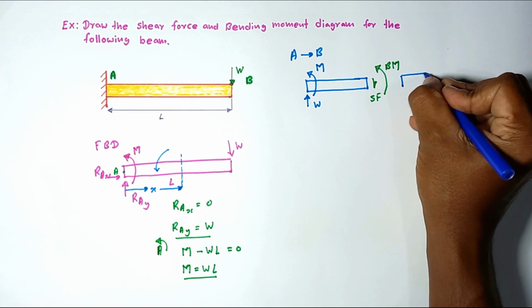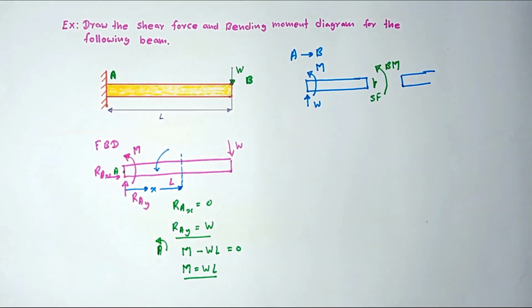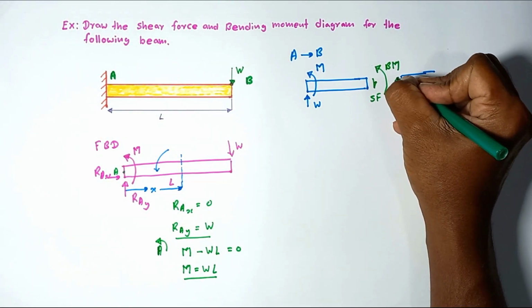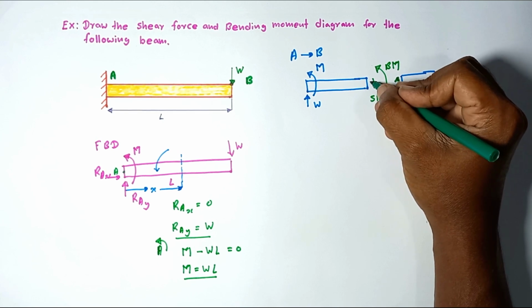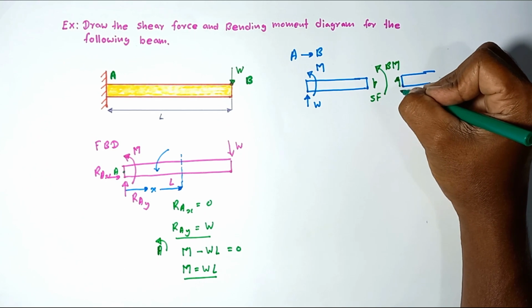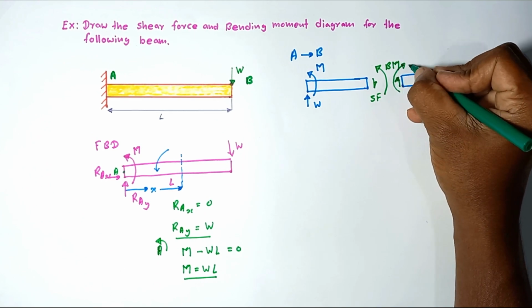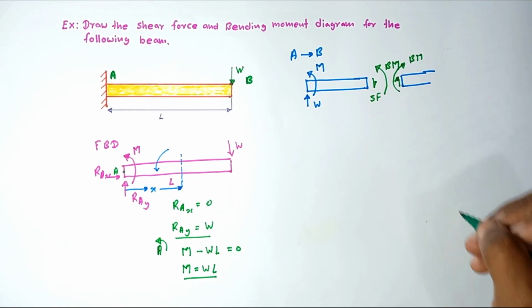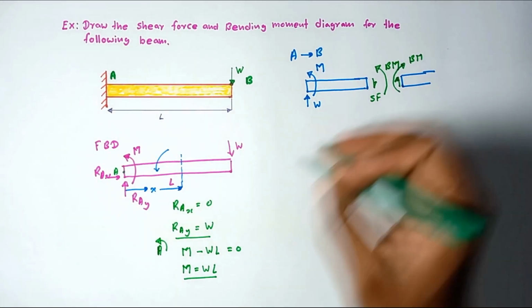The positive shear force acts in the upward direction, because the reaction of this face is acting on this adjacent face, and the positive bending moment is marked in this direction.